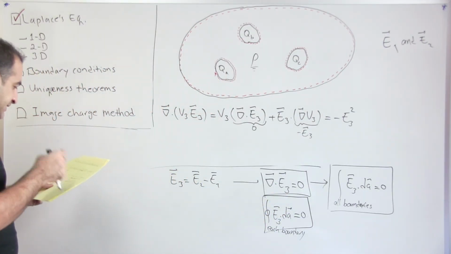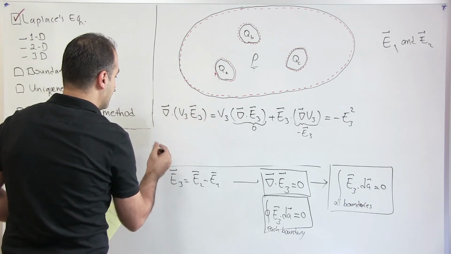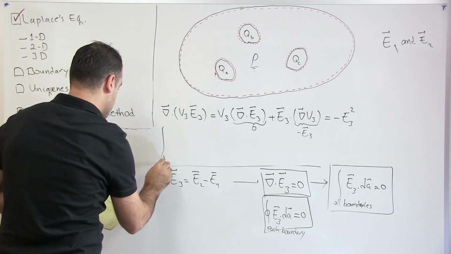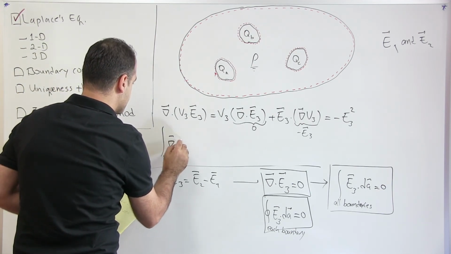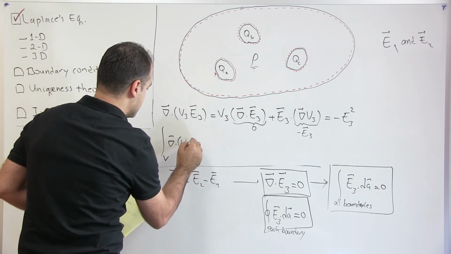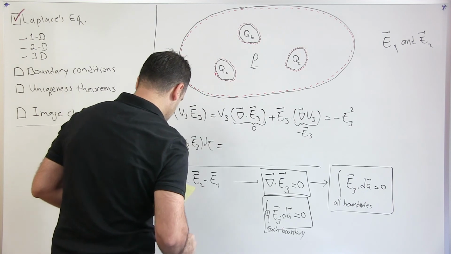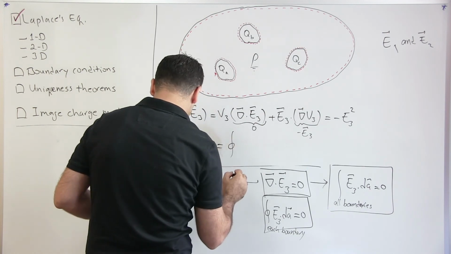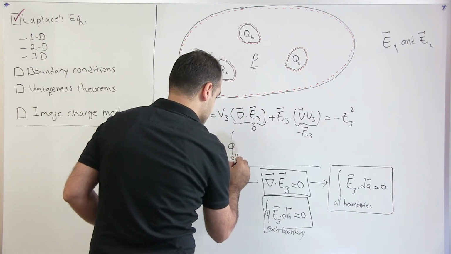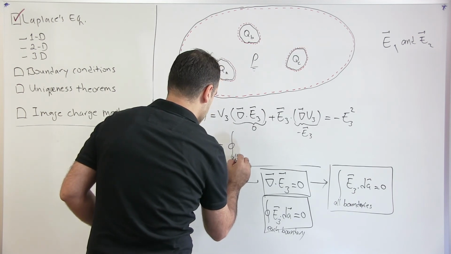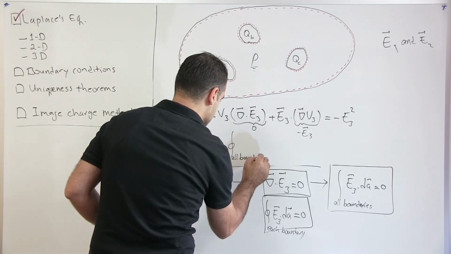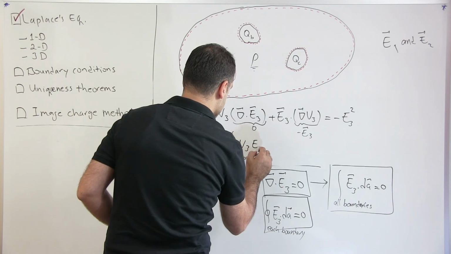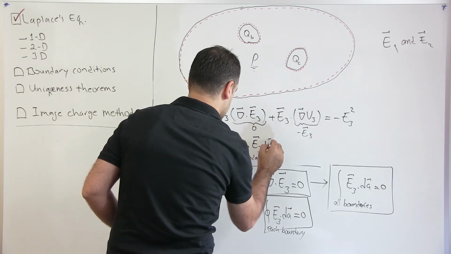Now, if we integrate this divergence over the whole space that we have, except inside the conductors, over this volume, the integral of the divergence of V3 E3 d tau, following the divergence rule, should be equal to the integral over all surfaces, all boundaries, of V3 times E3 dot dA.